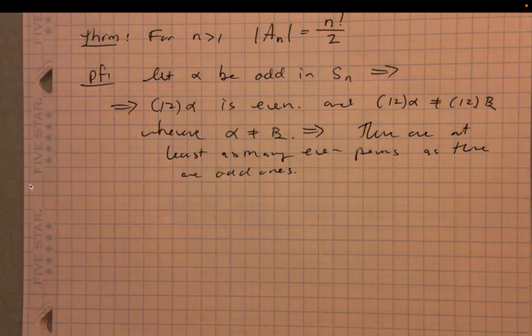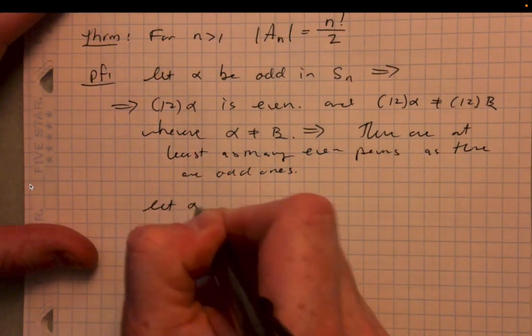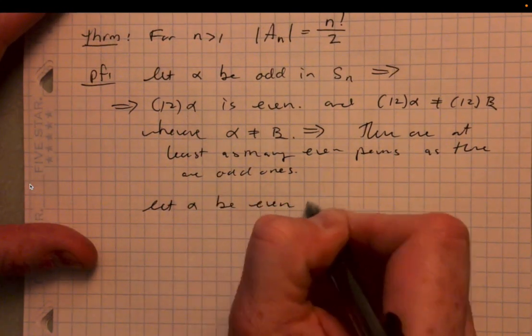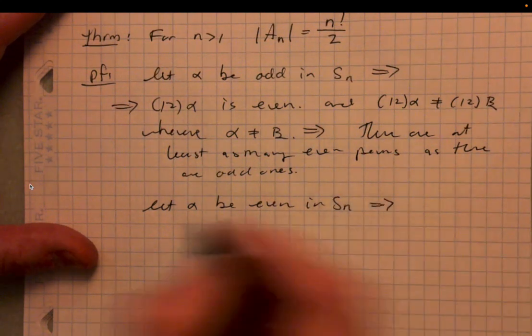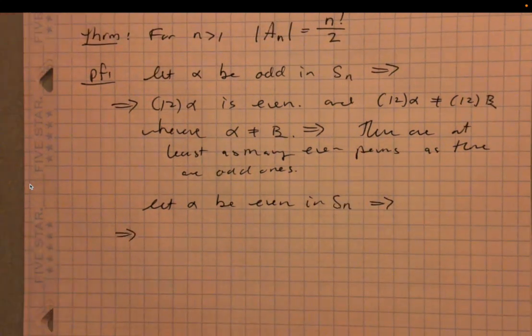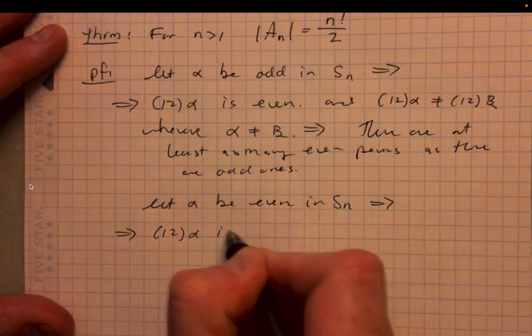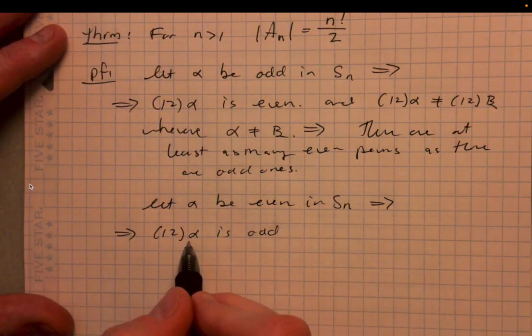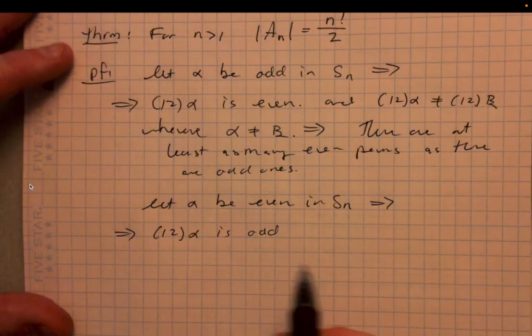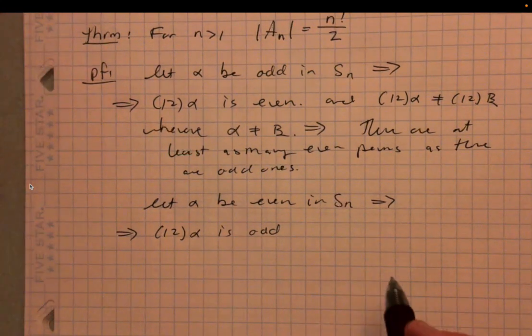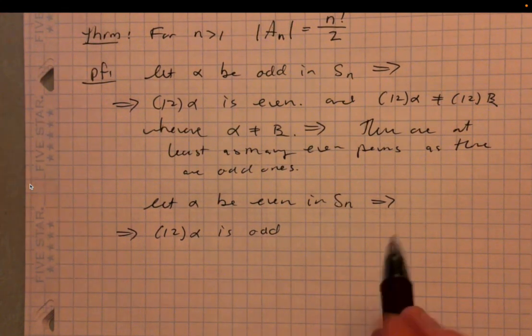Now, on the other hand, let alpha be even in Sn. By the same token, if I take (1 2) times alpha, that must be odd. If alpha has an even number of 2 cycles and I put one more on it, it becomes an odd permutation.